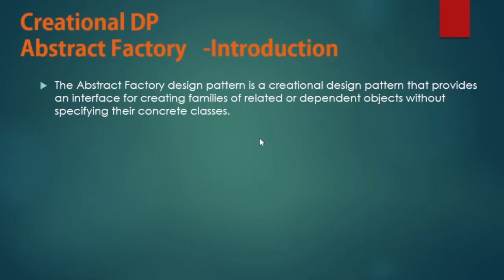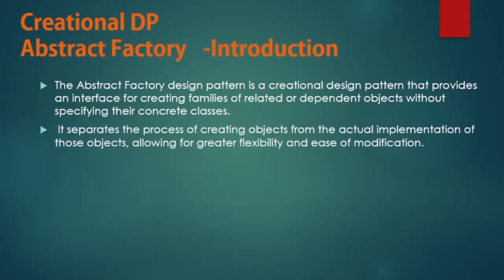The abstract factory design pattern is a creational design pattern that provides an interface for creating families of related or dependent objects without specifying their concrete classes. It separates the process of creating objects from the actual implementation of those objects, allowing for greater flexibility and ease of modification.